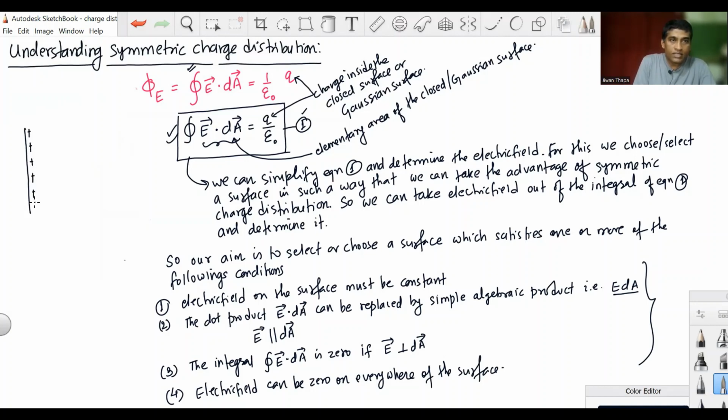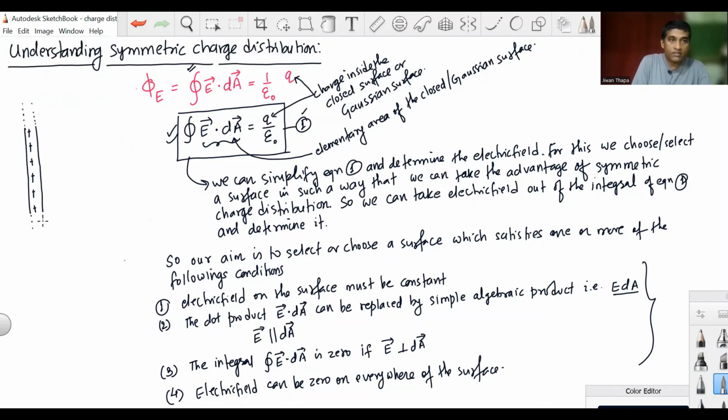Let's say we have a thin rod which is infinite in length, and let the rod contain positive charge, and charges are distributed uniformly throughout the length of the rod.